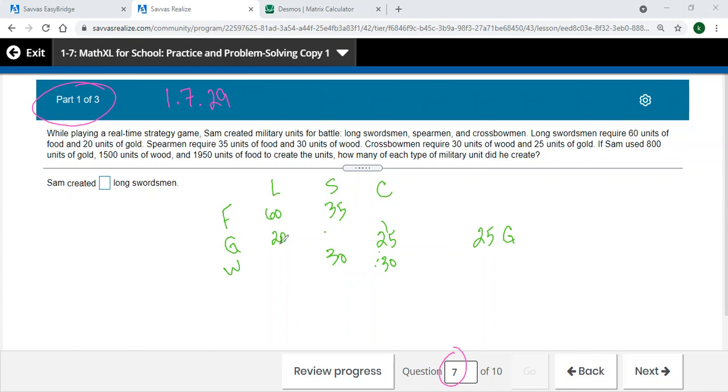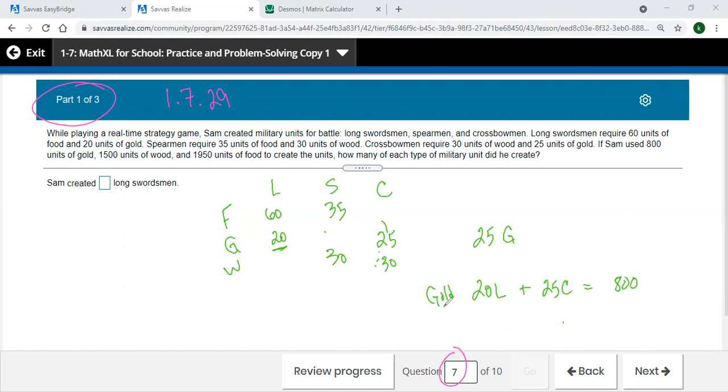So the gold is this 20 for the L. This is for gold. 20 by the long swordsman and 25 by the crossbow. And it said that gold was 800.